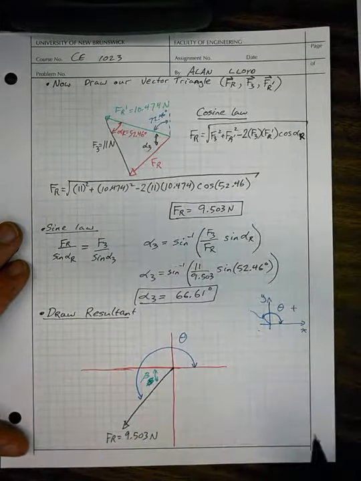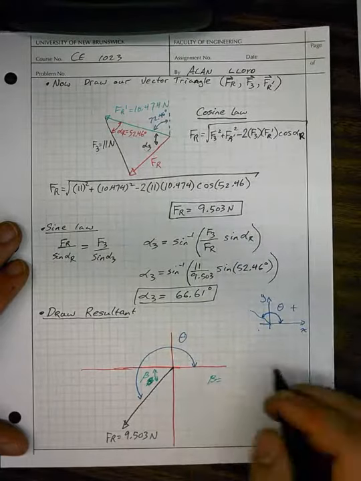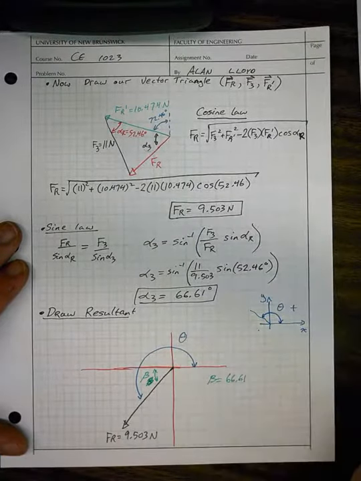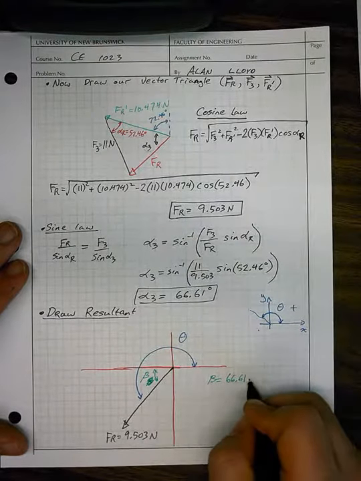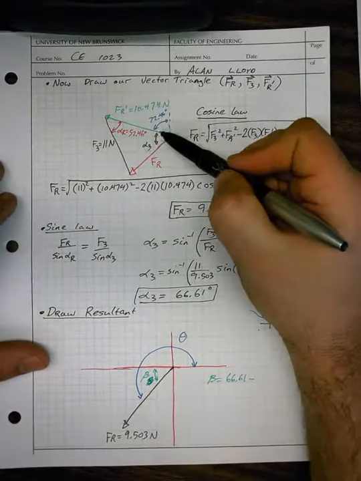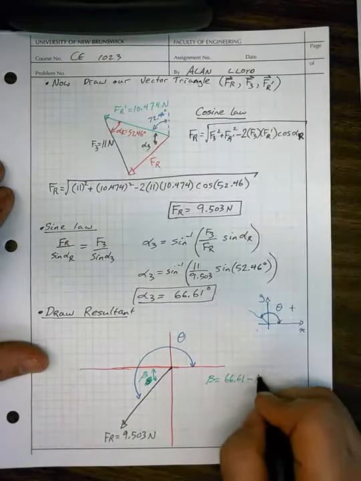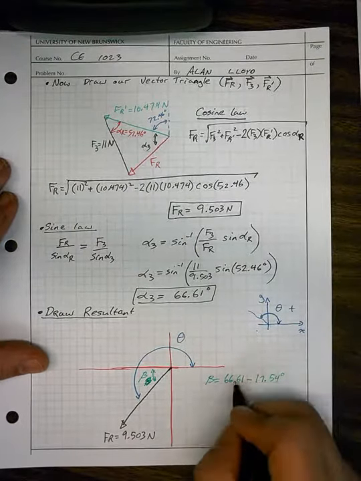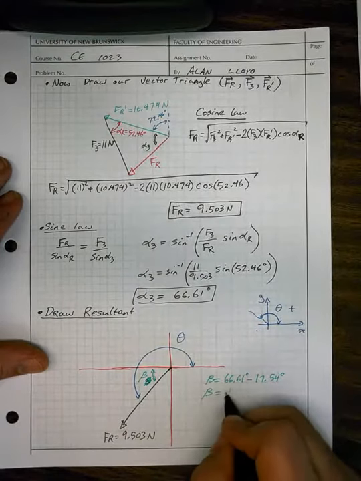So beta is simply calculated as alpha 3, 66.61, minus the angle between FR prime and horizontal, and that angle is 17.54 degrees. So beta is equal to 49.07 degrees.